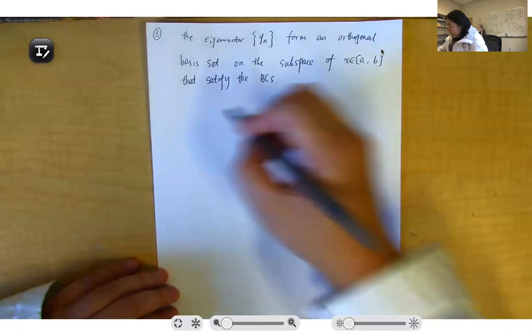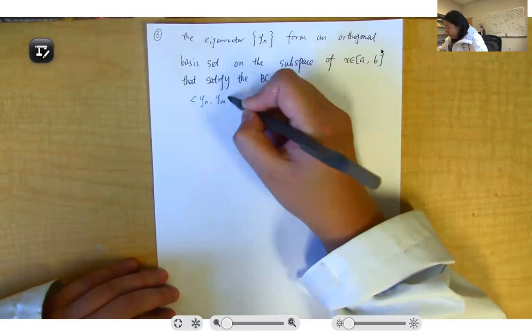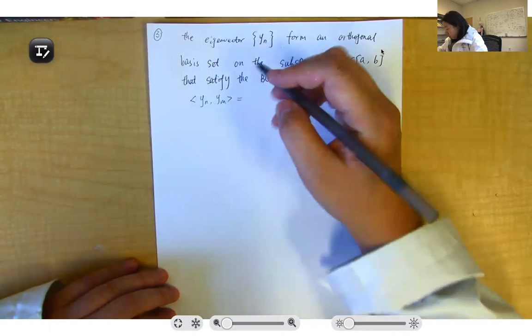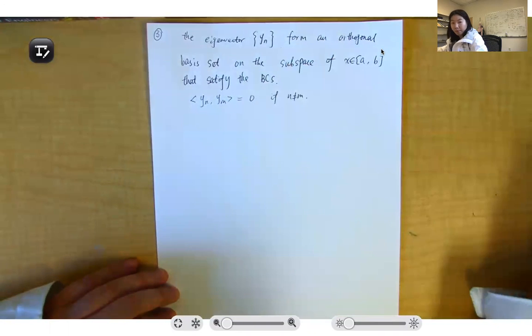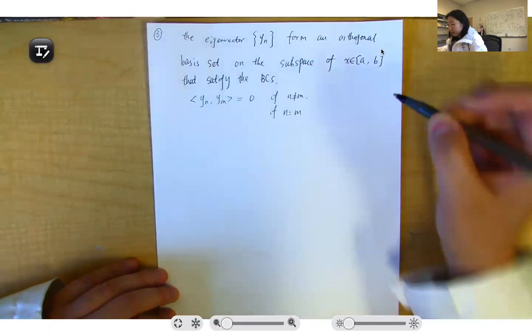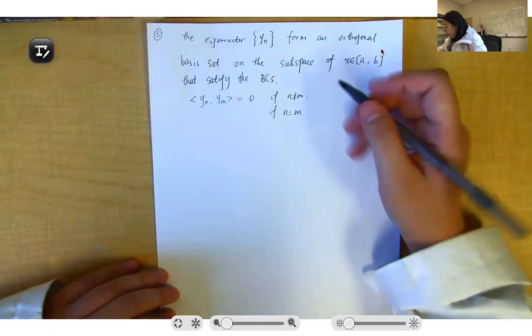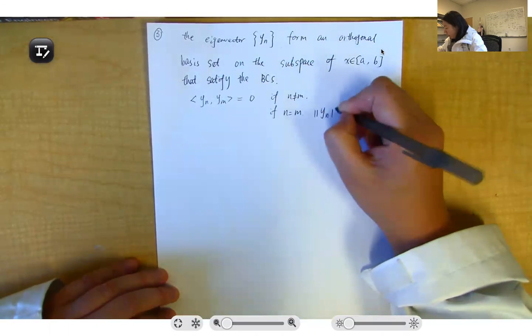Here, just briefly saying what is orthogonal. The inner product of yn and ym will be equal to 0 if n is not equal to m. If n is equal to m, that means you have yn, then that inner product will be yn squared.